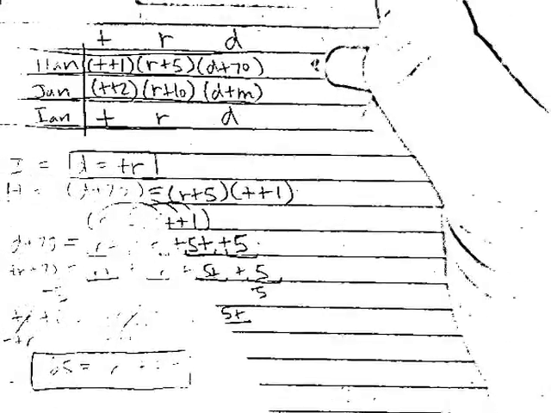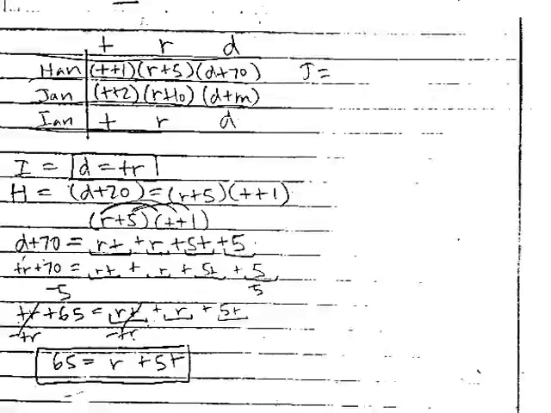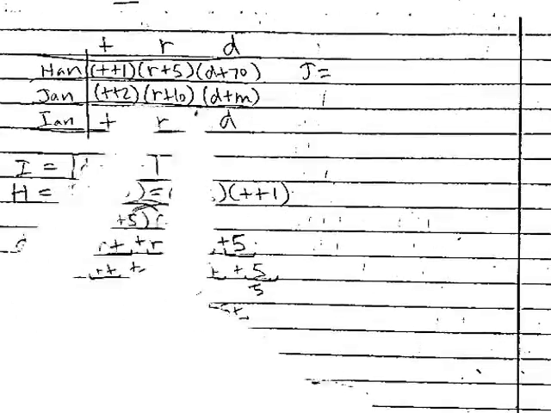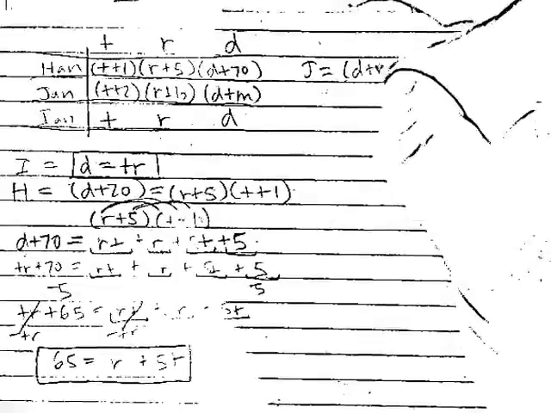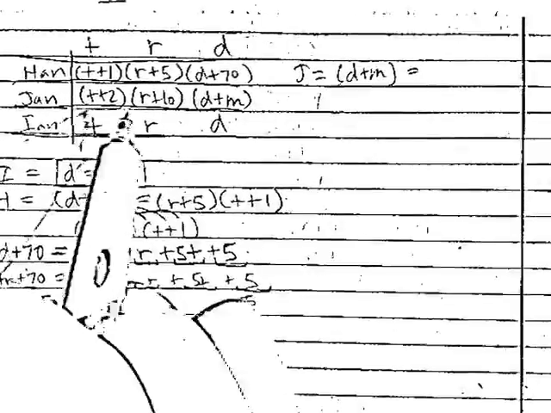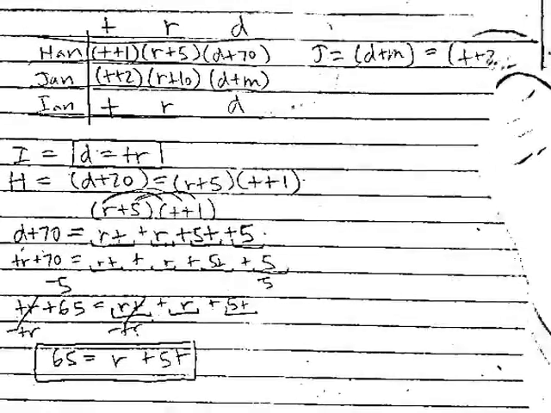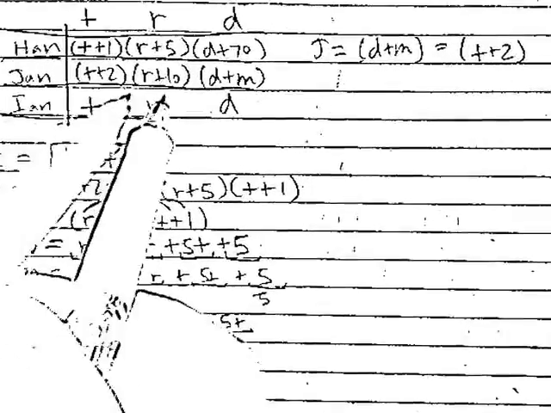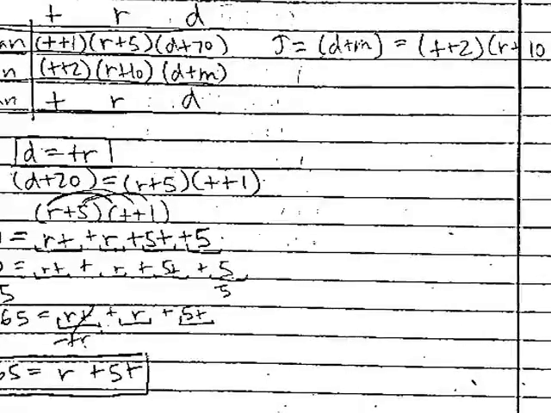I'm going to write for John. John is a different equation, because we don't know his distance. So his distance is d plus m, which equals time and rate. His time is t plus 2, and his rate is r plus 10.